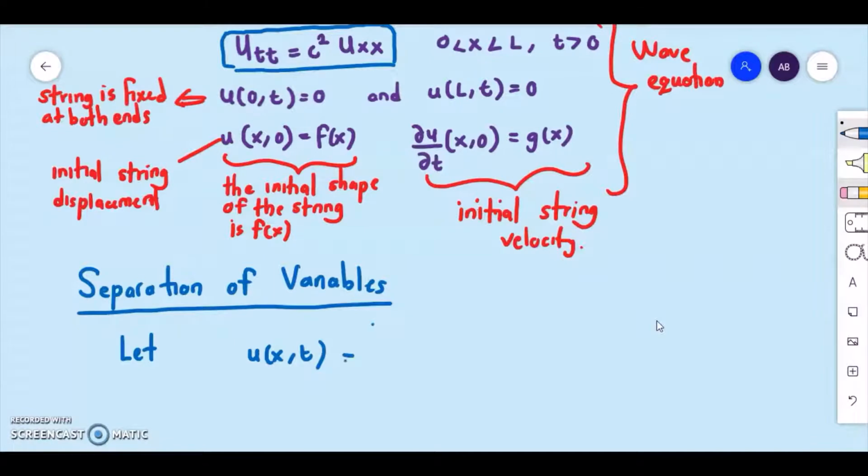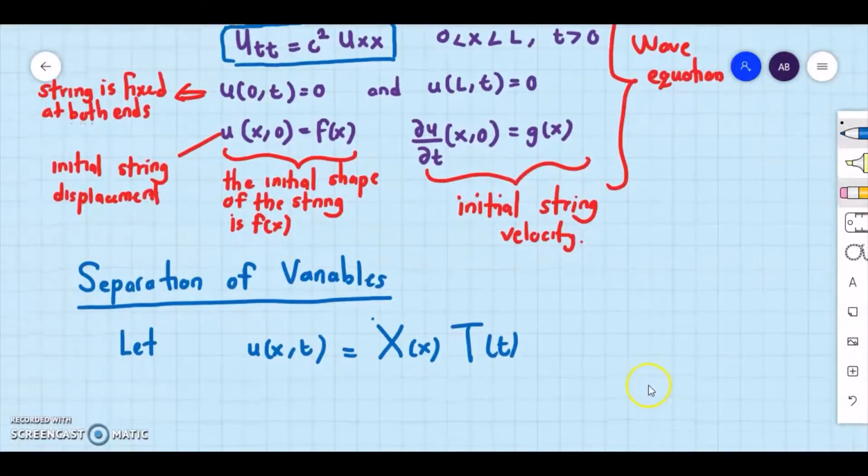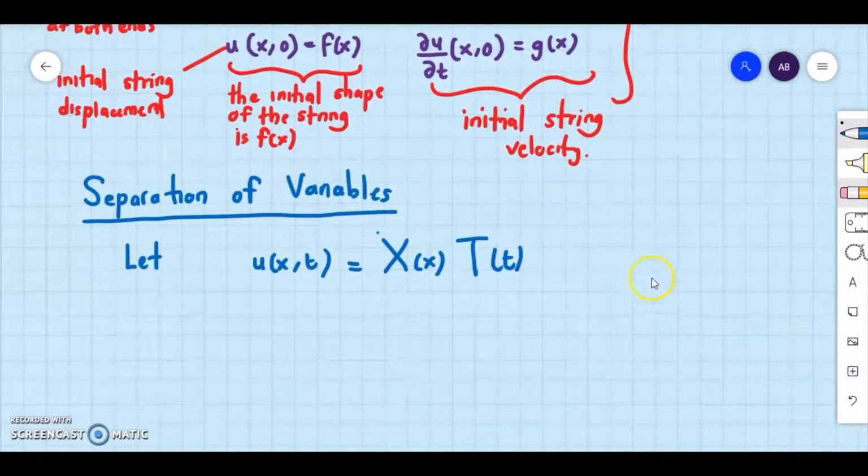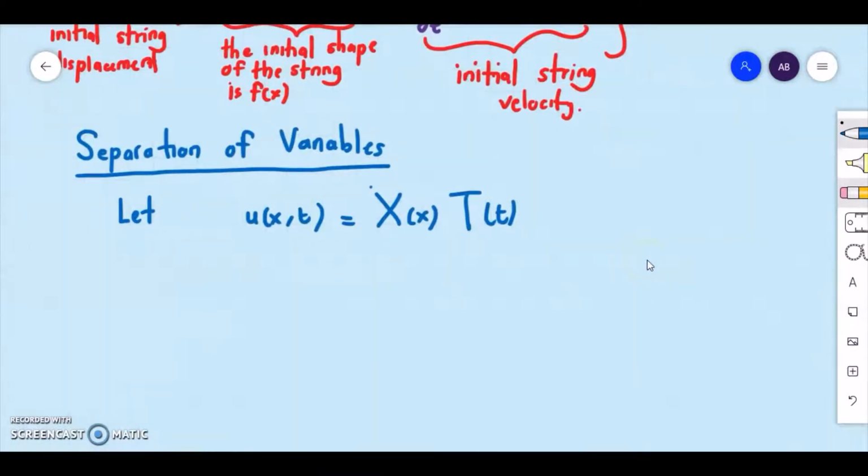So let u(x,t) equal big X times big T, where X is a function of x alone and T is a function of t alone. Because we have a second derivative in time and a second derivative in x, we want to differentiate twice for t and twice for x.